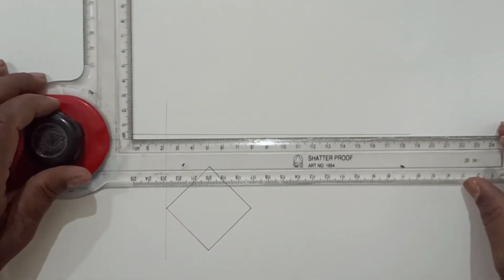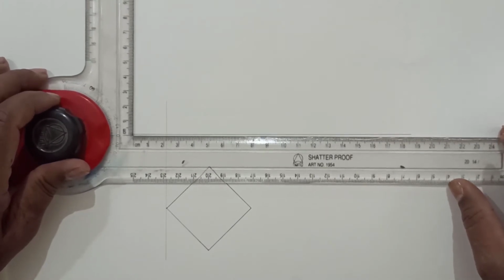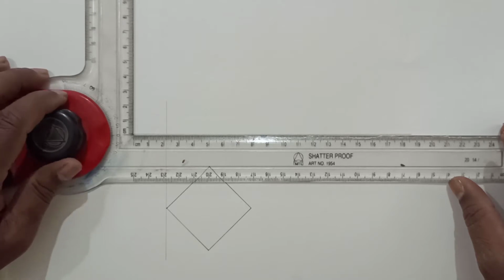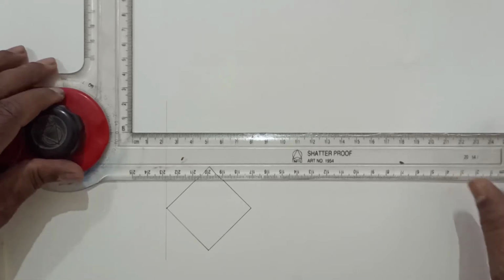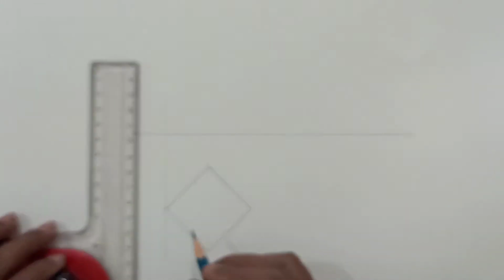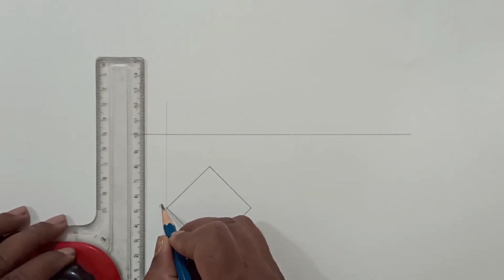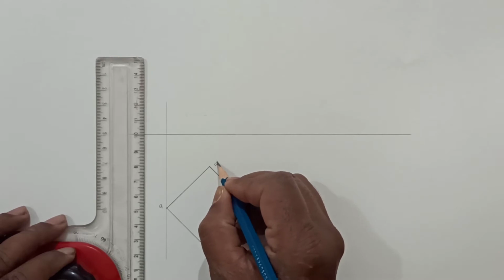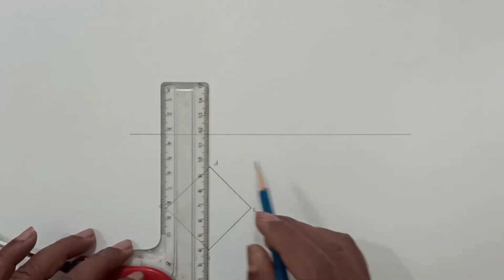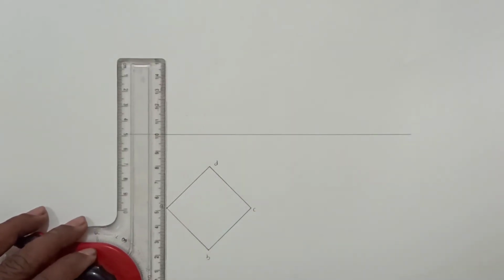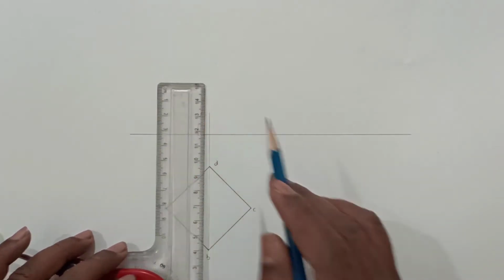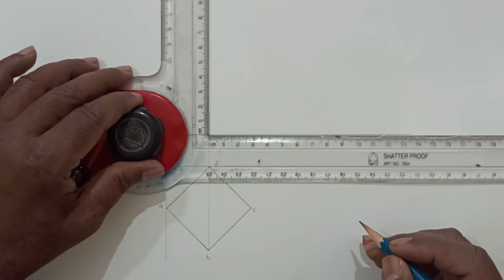of which the base sides are equally inclined to VP. Take this as A, B, C, D. So this will indicate the position of axis height.